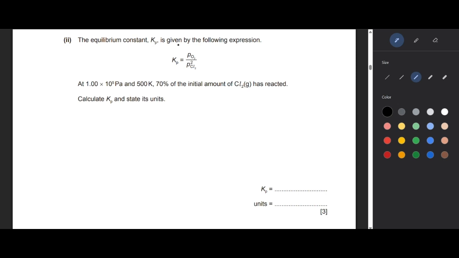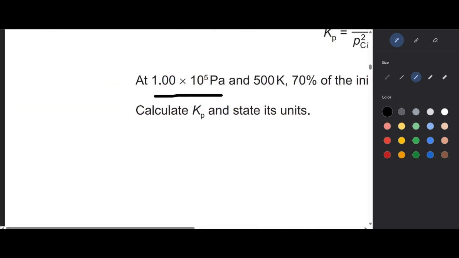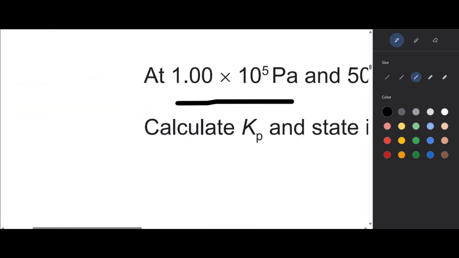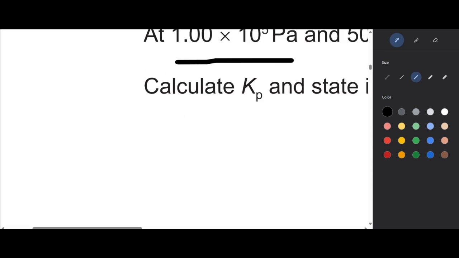The equilibrium constant Kp is given by the following expression. It is given, the formula in here, and they also give us that at 1.00 times 10 to the power of 5 Pa, this is the total pressure, and from this we have to look for the pressure of O2 and also the pressure of Cl2.